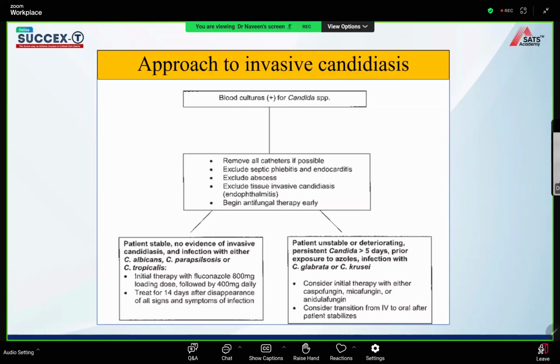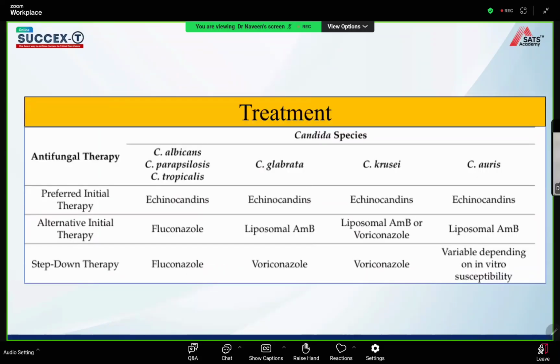The preferred initial drug of choice is always echinocandins, whereas the alternative therapy for Candida glabrata and krusei is liposomal amphotericin, and in Candida auris, the alternative therapy can be liposomal amphotericin B.